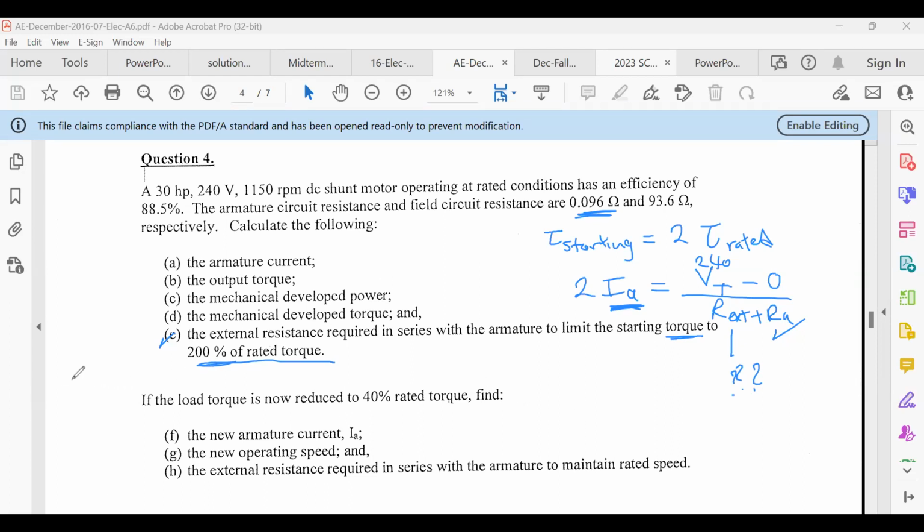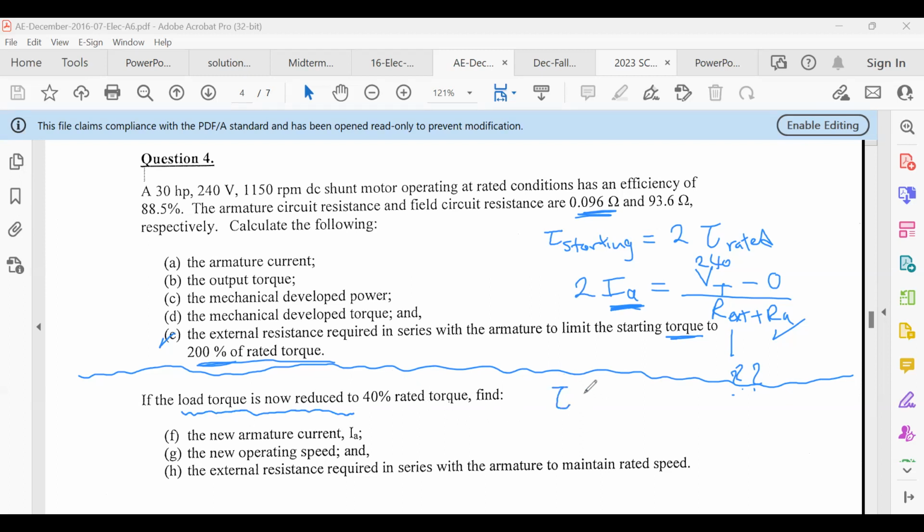If no question, now we solved the first part of this problem. Second one: they change the load, reducing it to 40%.